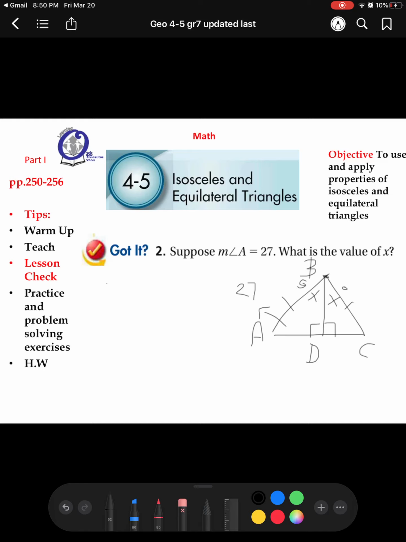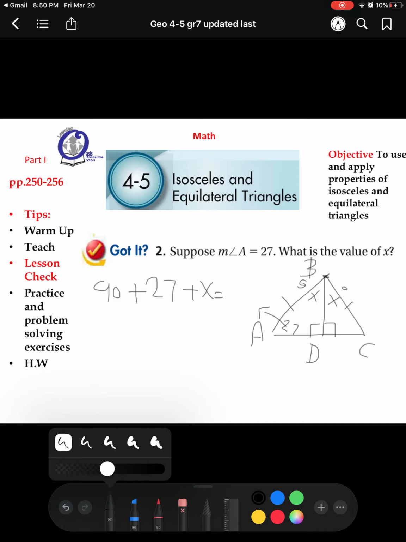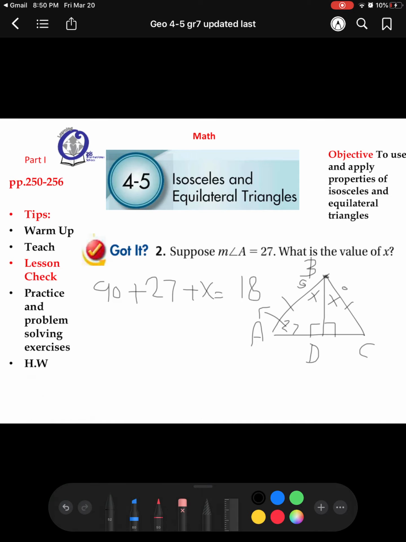So I can say that 90 plus 27 plus x equals 180. So if you add 90 and 27, it's 117, 117 plus x equals 180.